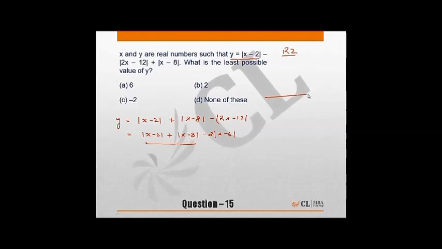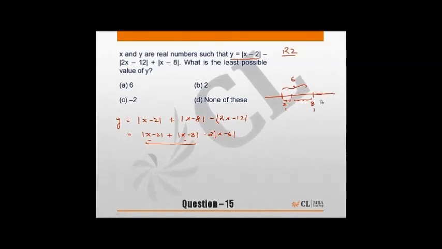If you draw the number line, x equal to 2 and x equal to 8. If x lies between 2 and 8, these two, mod of x minus 2 and mod of x minus 8, will always be equal to 6. Because if it is here, this is x minus 2 and this is x minus 8. Okay, and modulus of that will be nothing but 8 minus 2 equal to 6. So this will always be equal to 6 as long as we are in this region, x from 2 to 8.